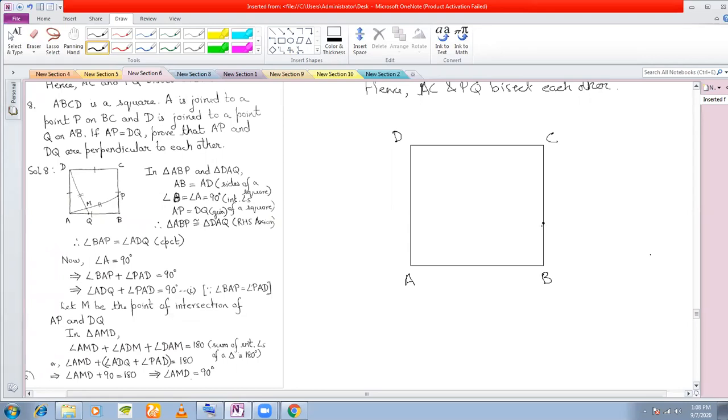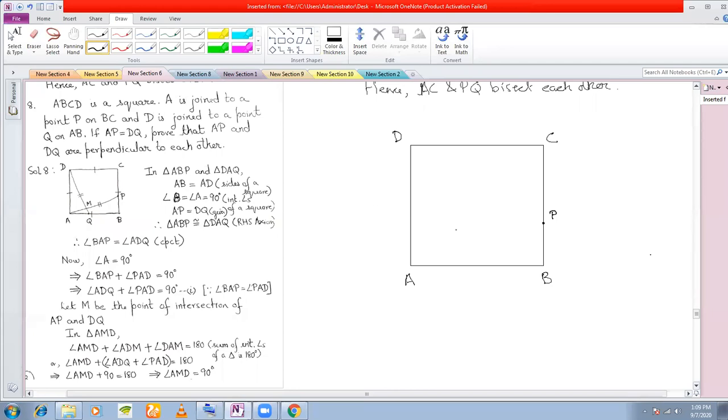Whenever in your question paper the diagram is not given and you draw the diagram, 2 marks will be only for the correct diagram, definitely. So you're marking P as any point on BC. And D is joined to a point Q on AB.